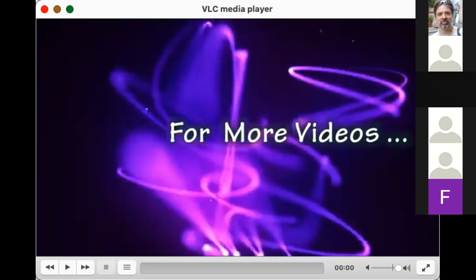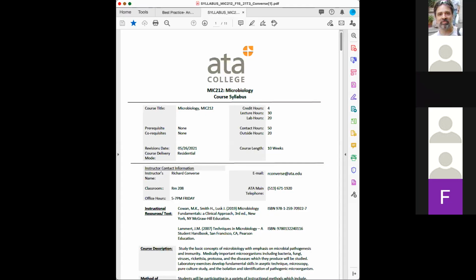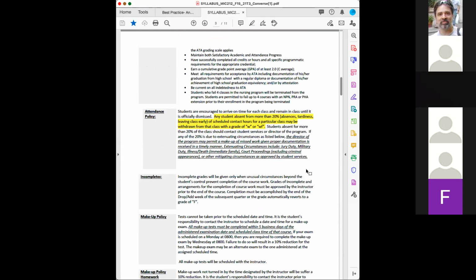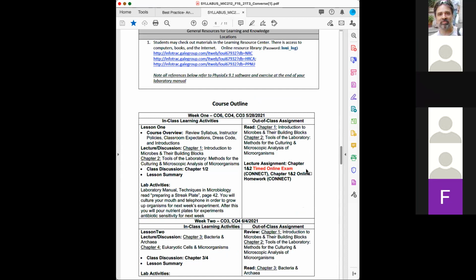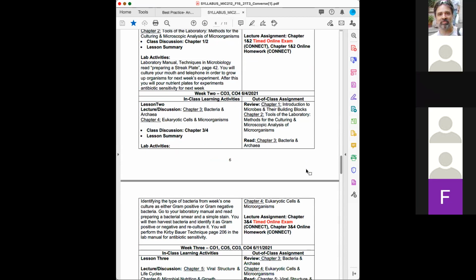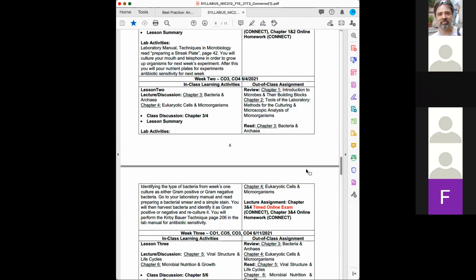There it is. Lab for today, week 2, is identifying bacteria from gram stain.